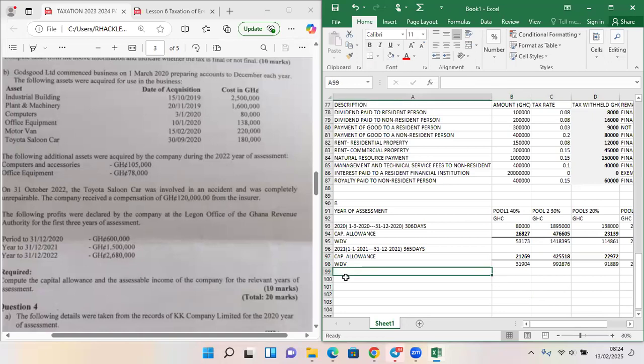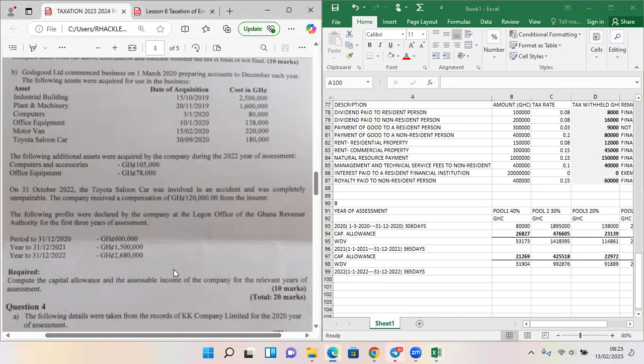All right, so in the year 2022, we will start from the first to the 31st, and we are still going to have 365 days. Right. Now, because there were some additions and subtractions in here, we are going to deal with that on one page before we calculate our capital allowance.